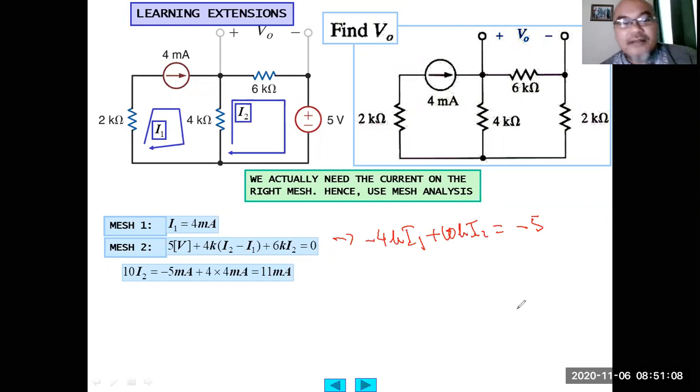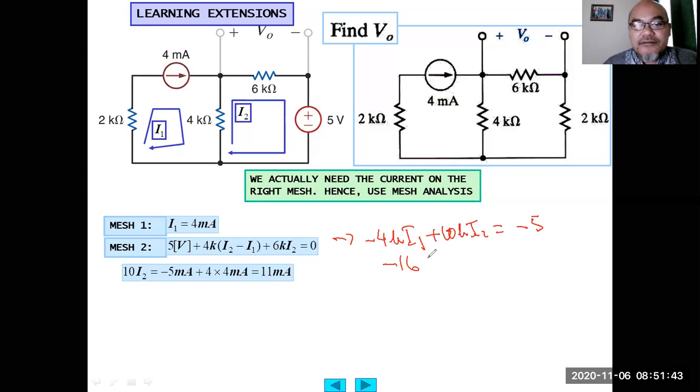Then if we replace I1 with 4 milliampere, minus 4K multiplied by 4 milliampere becomes negative 16 volt.